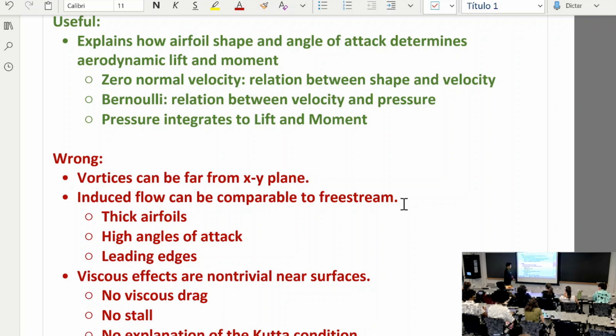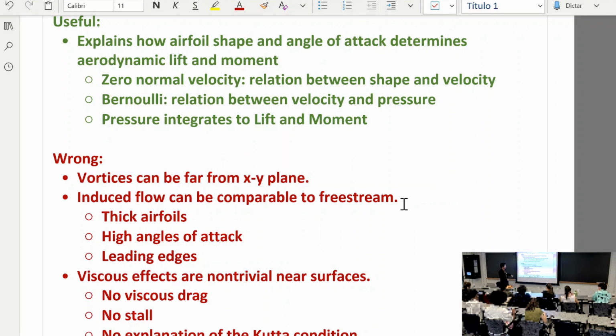And around leading edges, even if you have a thin airfoil, small camber, and small angle of attack, you are still going to be wrong. If you look at the thin airfoil theory result, it's never going to be correct exactly at the leading edge, just because at the leading edge the free stream goes right into the geometry, right? Near the leading edge, you need strong vortices to cancel that free stream component that goes right normal into the surface.